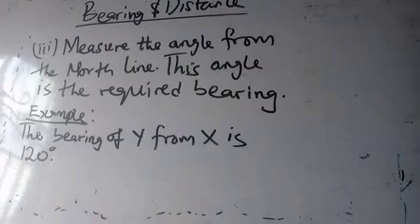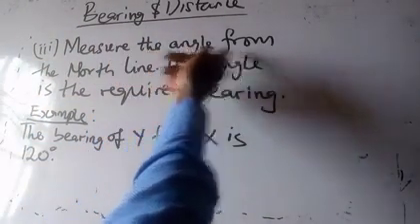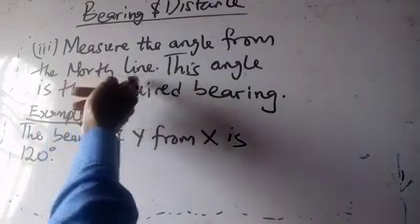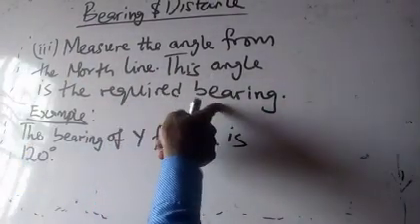So the third thing you need to do, although it's sounding like repetition, but they say repetition makes perfect, is to measure the angle from the north line. This angle is the required bearing.